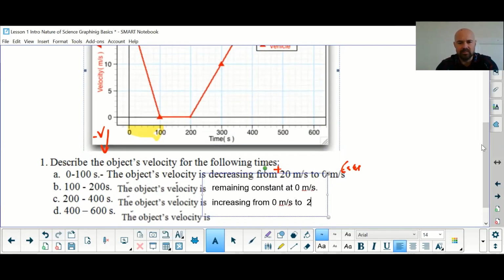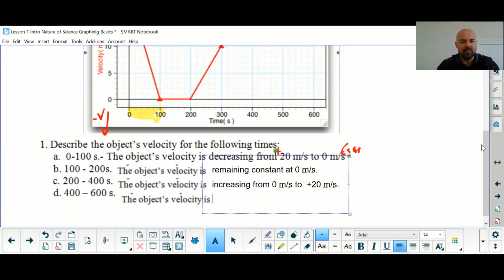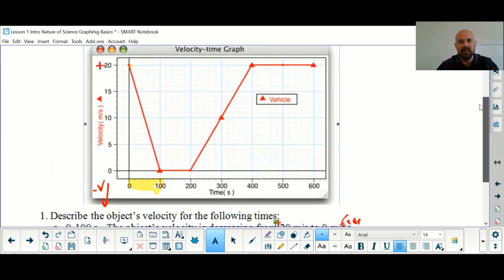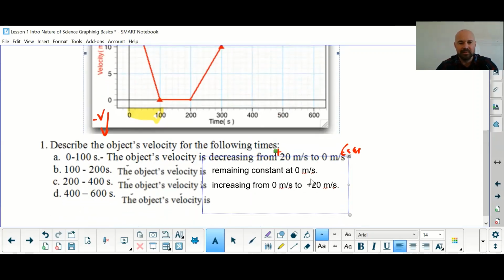I'm going to say positive 20 just so there is no confusion as to which way it is moving. And then finally from 400 to 600, the object's velocity is remaining constant, and this time it's remaining constant at positive 20 meters per second.